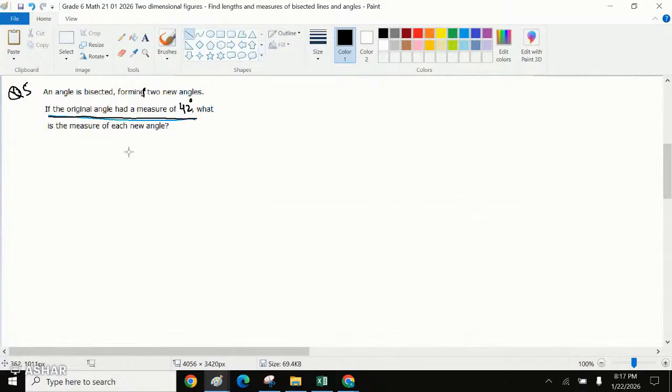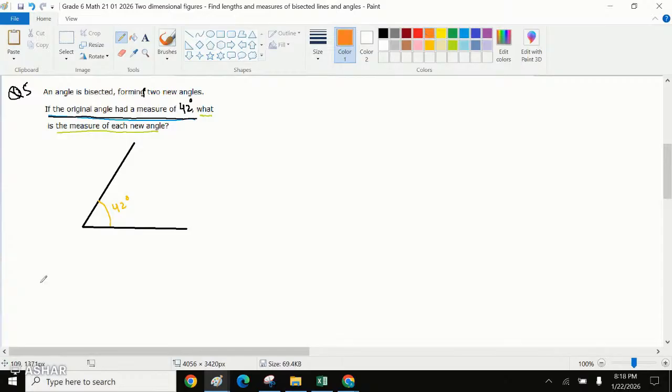So if the original angle was given to us as 42 degrees, they're asking us to find what is the measure of each new angle.